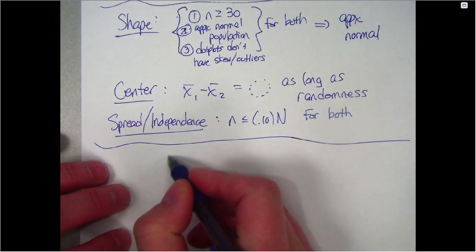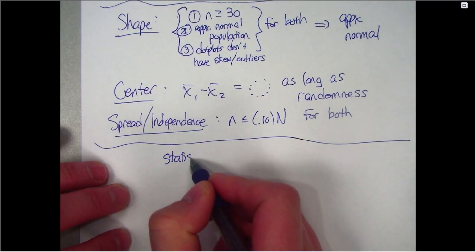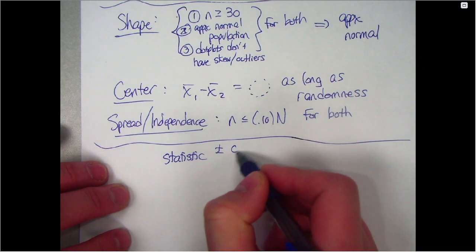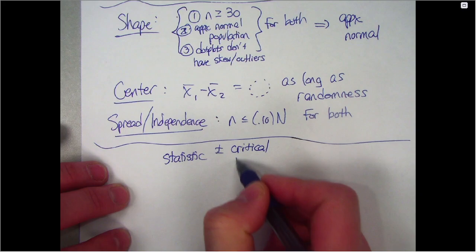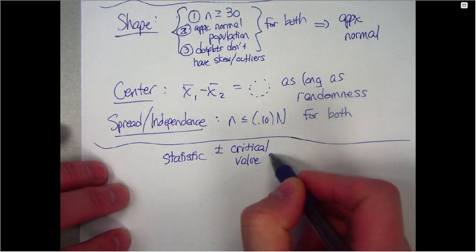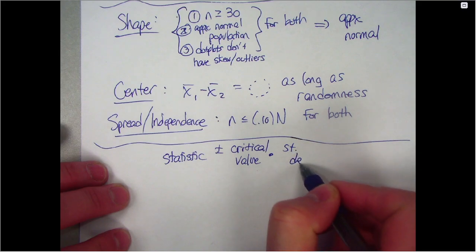Alright, then we've got words, symbols, numbers. So statistic, plus or minus critical value, times the standard deviation.